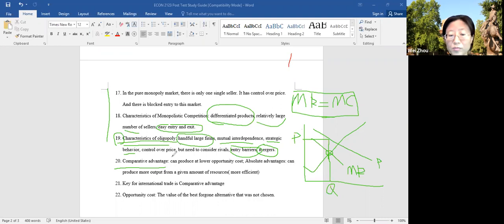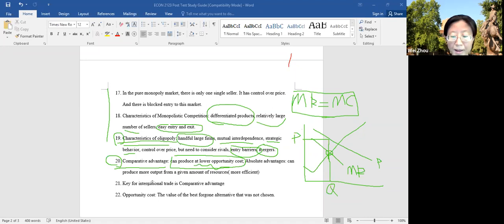What they should produce is something that costs them less. So international trade is based on comparative advantage, which means whichever country produces a good at lower cost should produce that. Okay, all right.